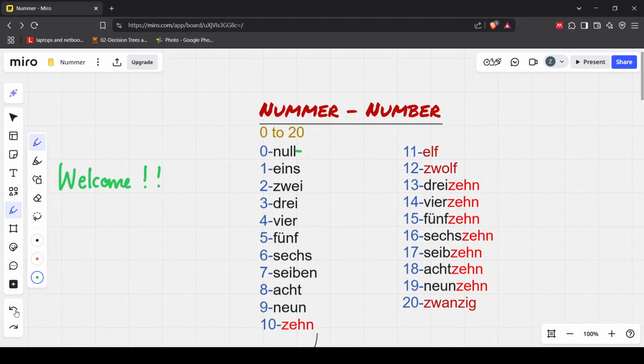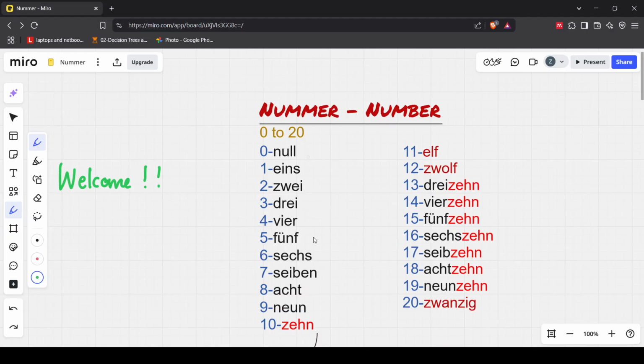As you can see, there is a similarity between many of the numbers and the English ones. For example, drei and three sound similar, sechs and six sound similar, also sieben and seven, elf and eleven, zwölf and twelve, etc.